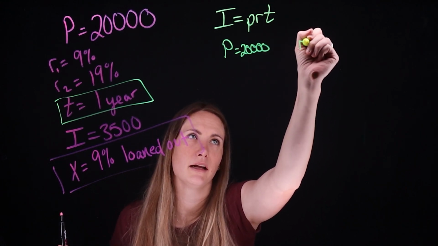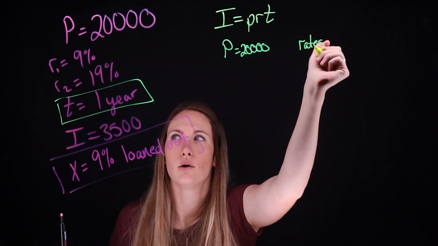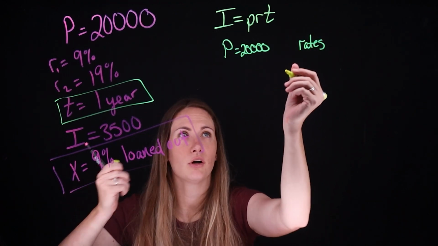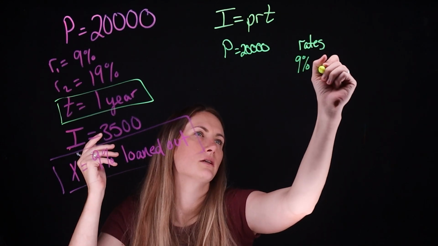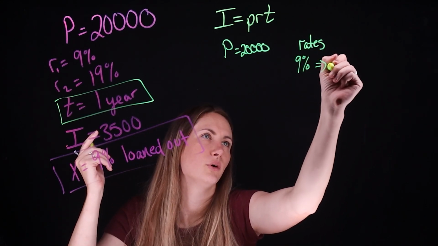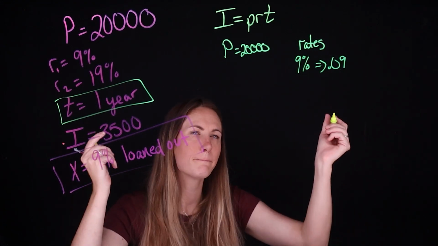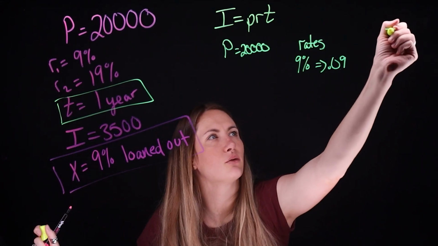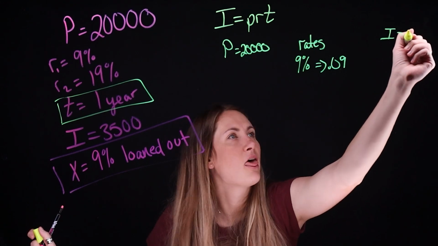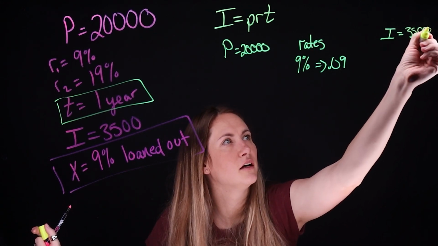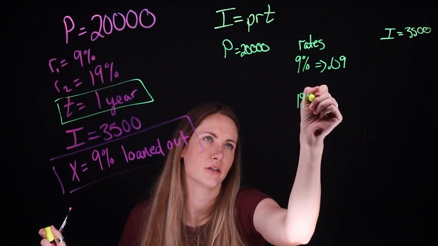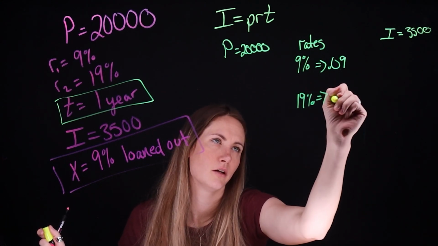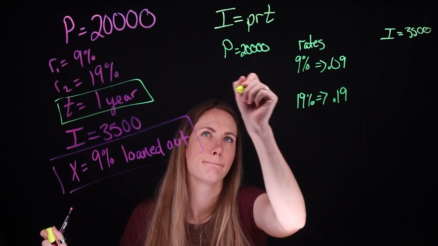And then we're going to have our rates. We're looking for our 9%, so I'm going to do 9% on top, which is going to be 0.09 when we multiply. And then our interest, we want to get 3,500. Okay. And then our other rate is 19%. We have 0.19 here.